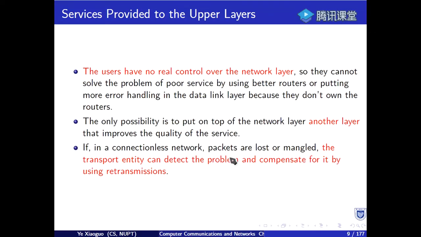So the users have no real control over the network. They cannot solve the problem of poor services by using better routers or putting more error handling in the data link layer, because they don't own the routers. The routers belong to the ISP, not users.